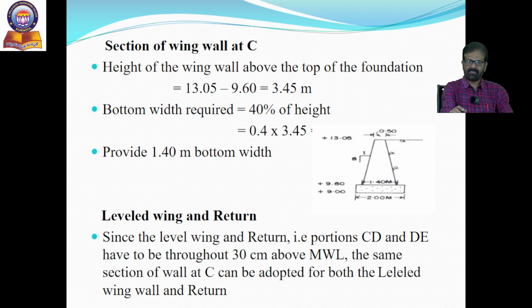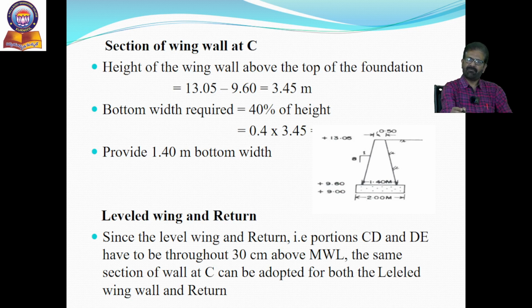In the present case, for this section at C, the top level is 13.05, whereas the top of the foundation concrete is 9.6, that is the bottom of the wall. Top and bottom levels are like this. Accordingly, the height of the wall is 3.45 meters. Similarly, the remaining steps are similar.